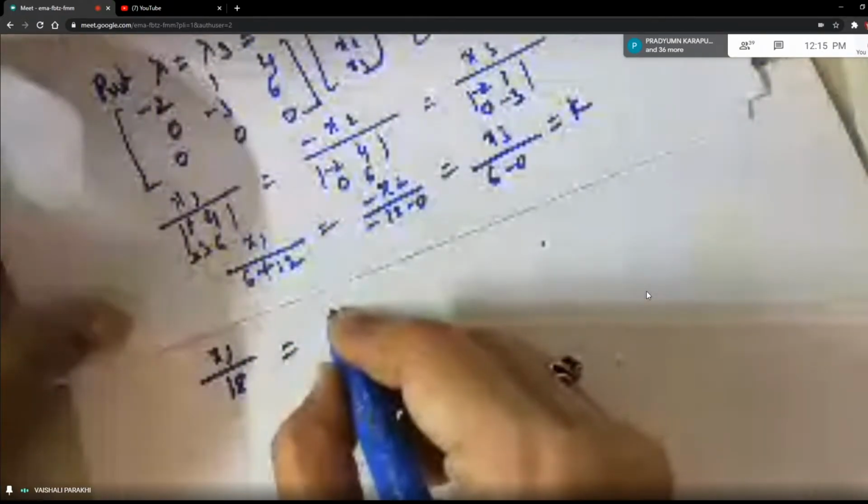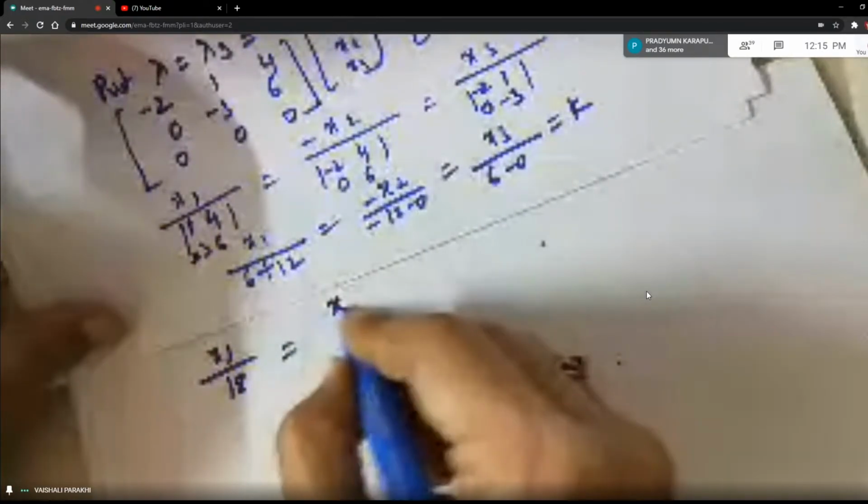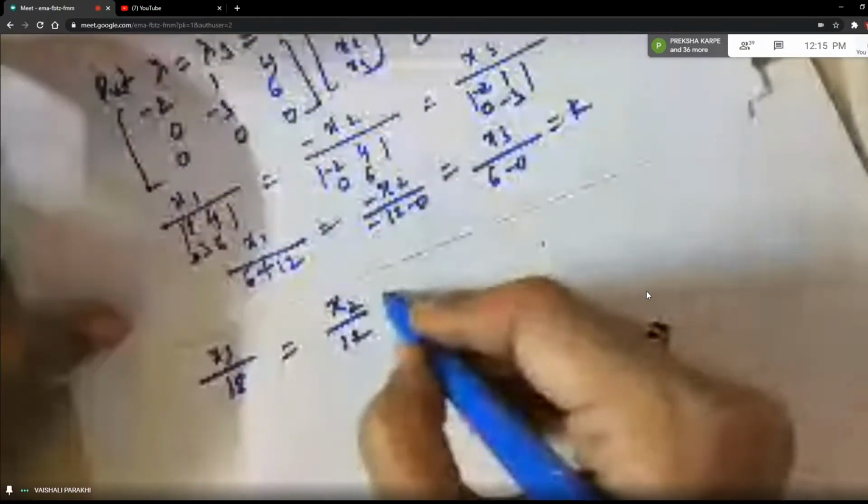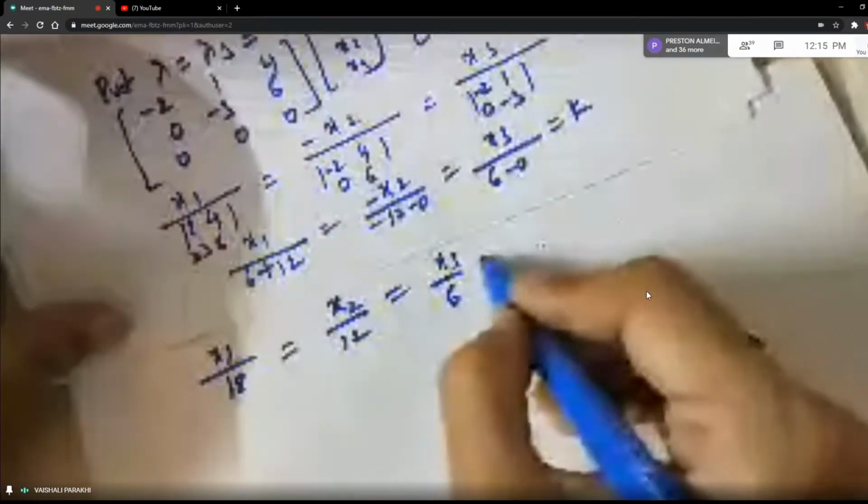And then what are the numbers you are getting here, students? See, it is x1 divided by 18 is equal to x2 divided by minus 12. Minus x2 by minus 12 is x2 by 12, I am cancelling the minus sign. And it is x3 divided by 6 is equal to k. Okay.